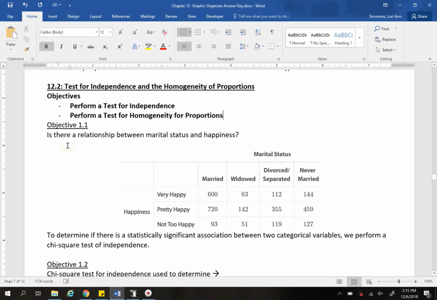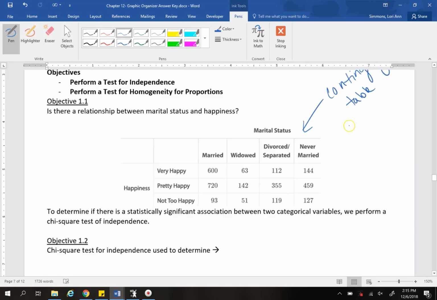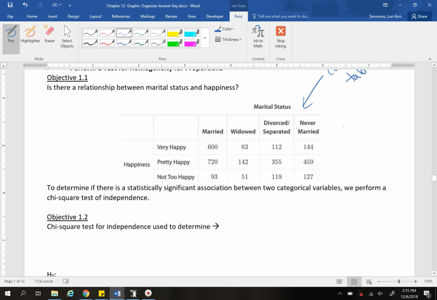So we ask ourselves, is there a relationship between marital status and happiness? Here we have a contingency table. To determine if there is a statistically significant association between two categorical variables, we perform a chi-square test of independence.